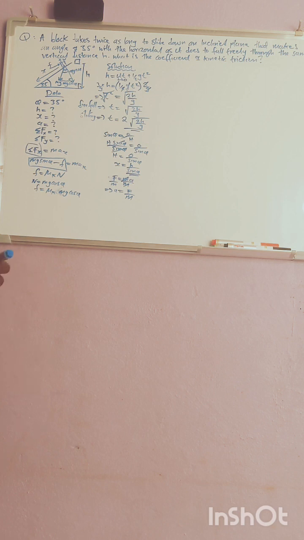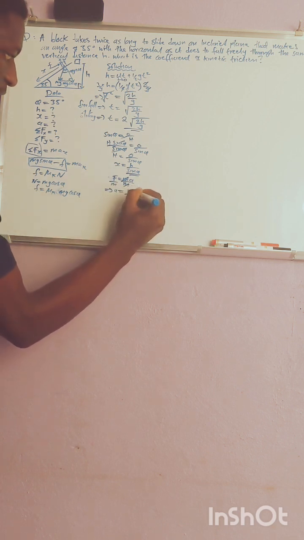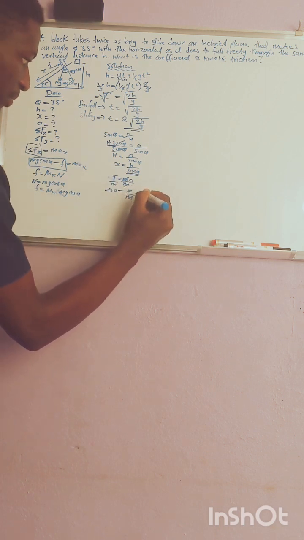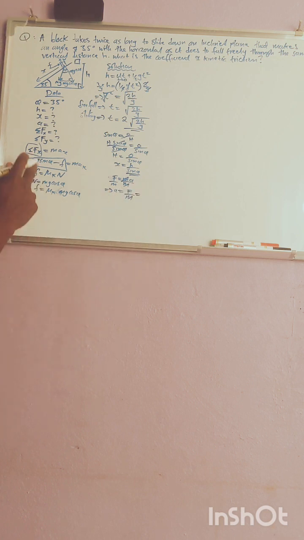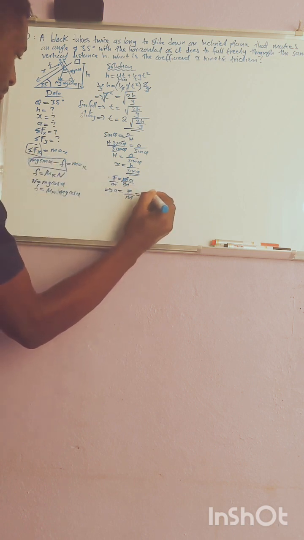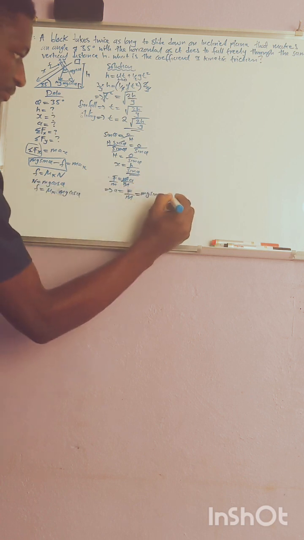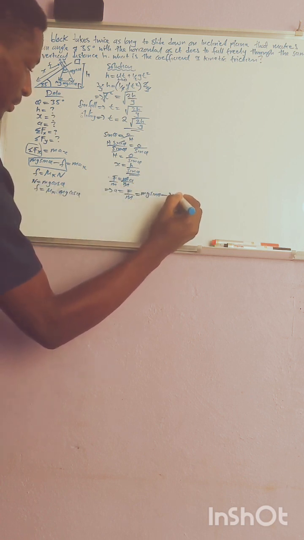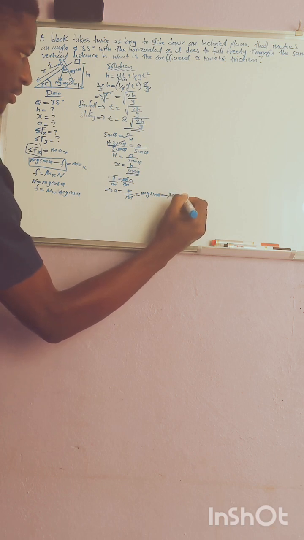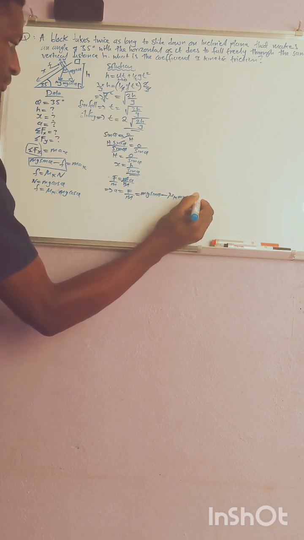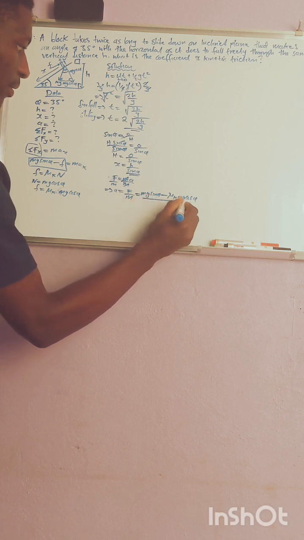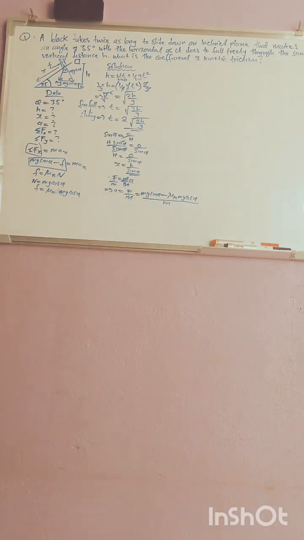So what is acceleration? Acceleration will be equal to the force, mg sin theta minus friction, and friction we found is mu k mg cos theta, over the mass.